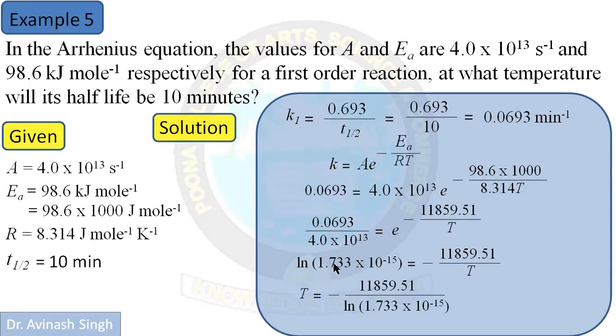Log of this value will come in negative, so that minus and this minus will get cancelled, and the T value is calculated to be 348.92 Kelvin. I hope this video helps you solve all the numericals based on the Arrhenius equation. Thank you very much.